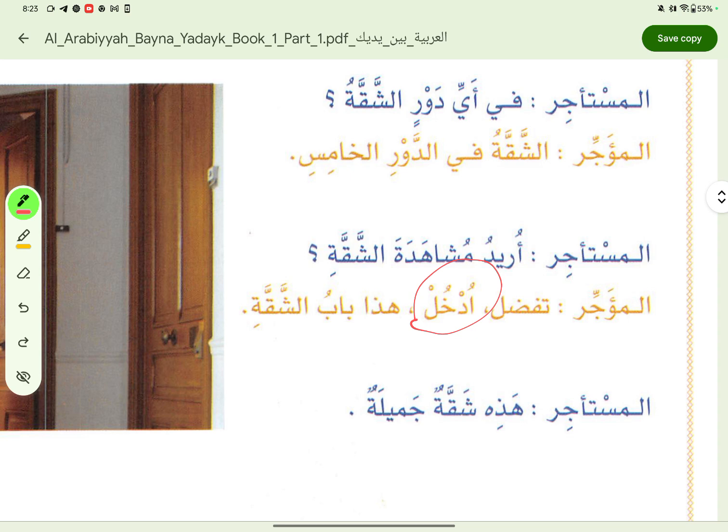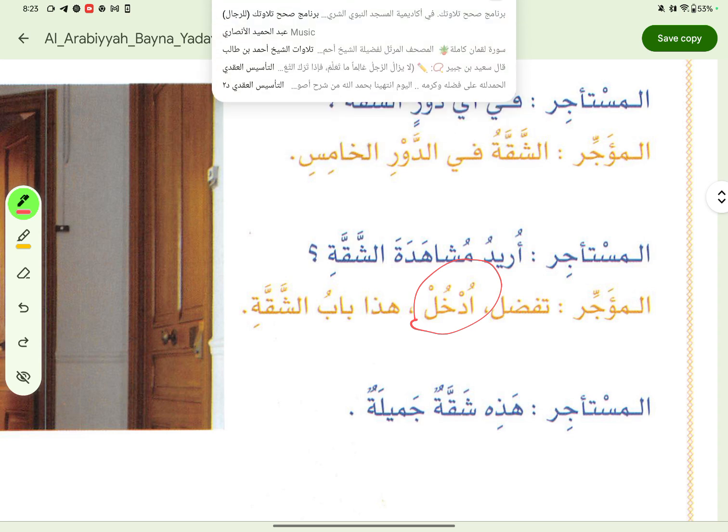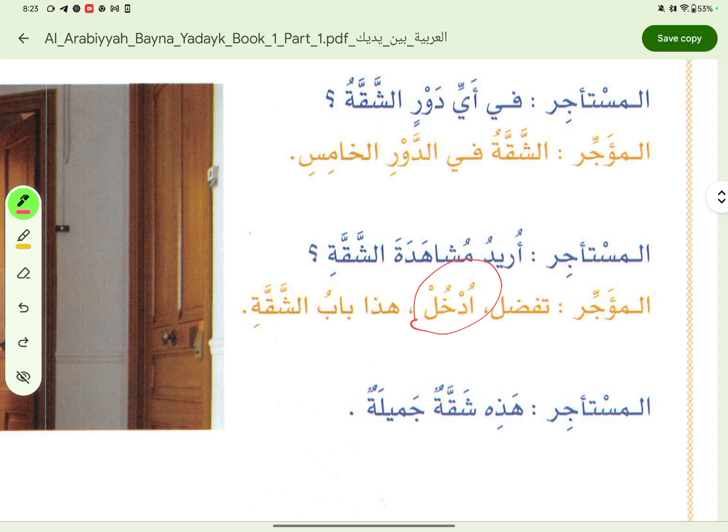So in Arabic, we have future tense, but the future tense is not a verb in a state of its own. We add something onto the verb to make it future tense, right?